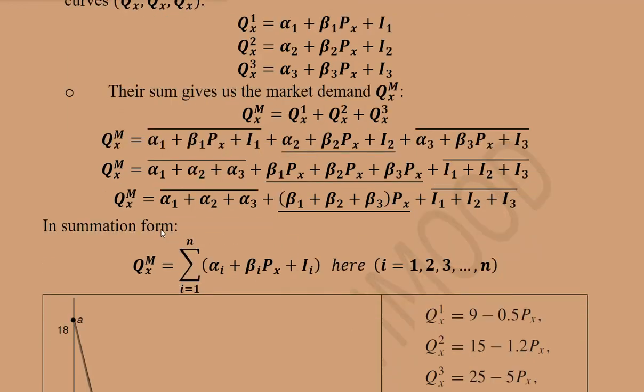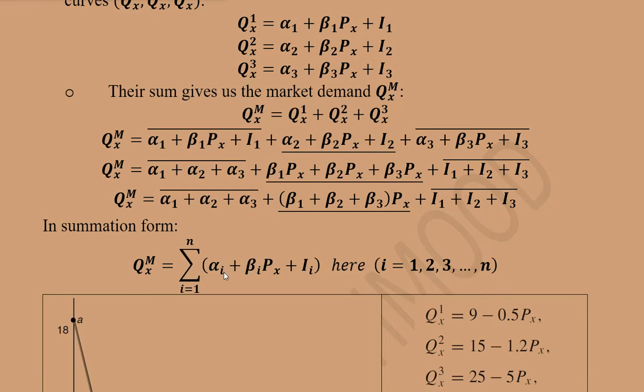Now we are going to write this in a summation form because it is quite evident that we can use the summation form, as the subscripts are getting repeated, 1, 2, 3, and they can go to any number of individuals.